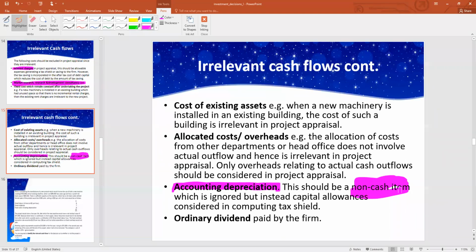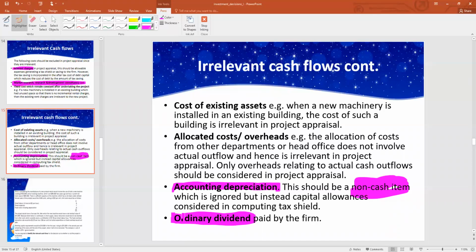Then lastly, we have the dividends. Assume the investment was financed by shareholders, and you promise them that every year you are going to pay X amount of dividends for financing the investment. It sounds like a relevant cash flow.